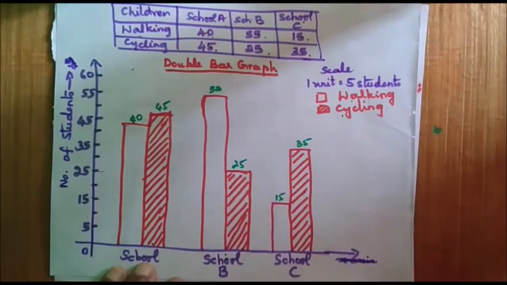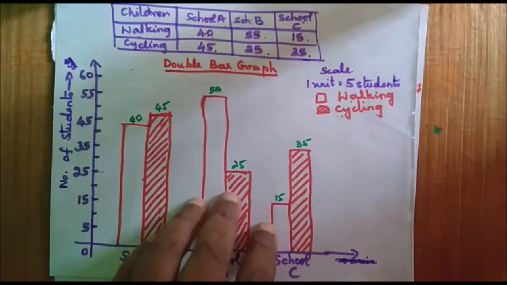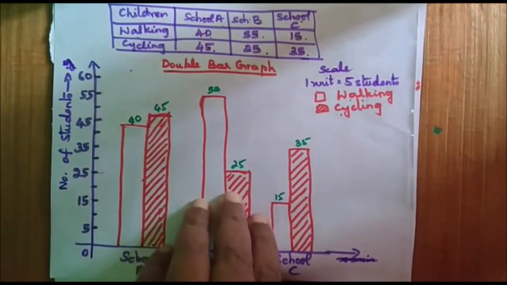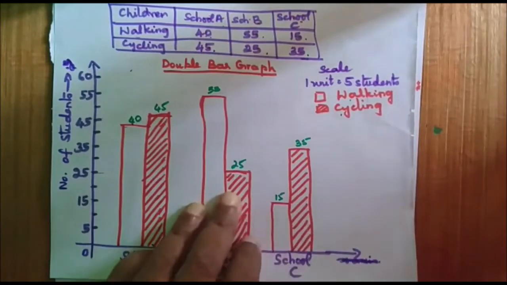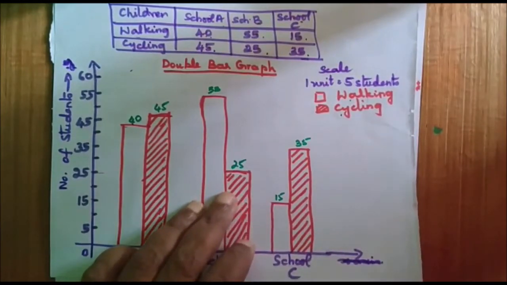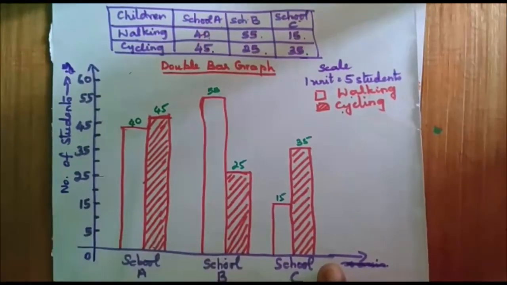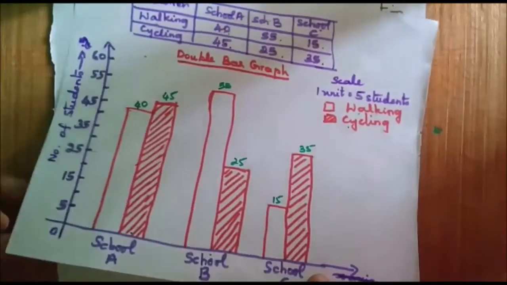So from this we get information about which school has the number of people coming by walking the highest? It is school B. Similarly, by cycling, which school has the highest? It is school A. So such kind of information we get from the double bar graph.